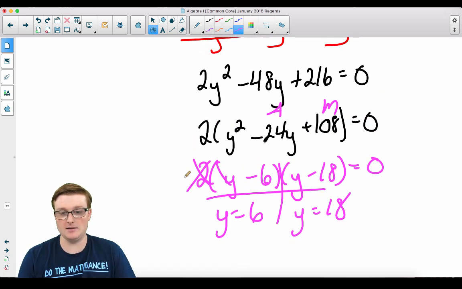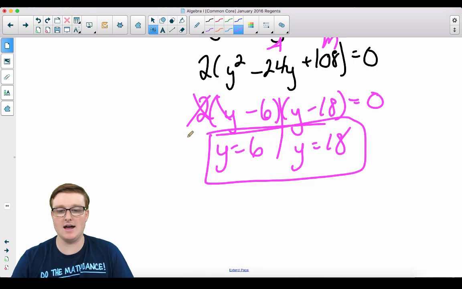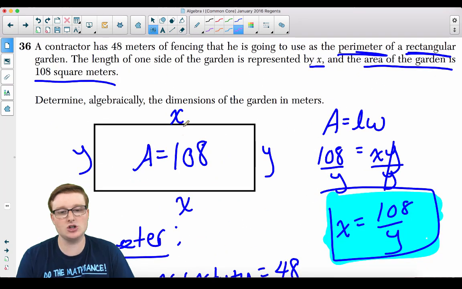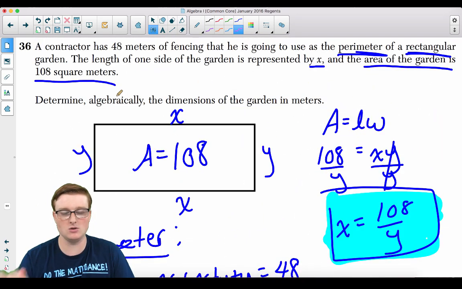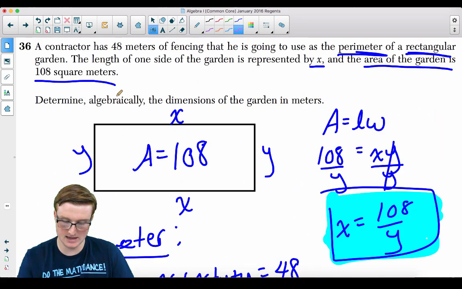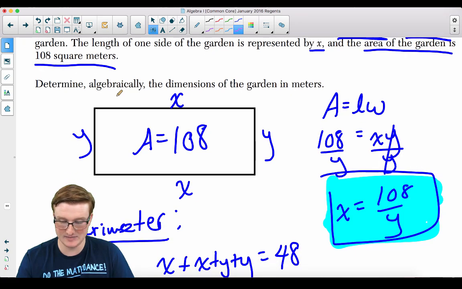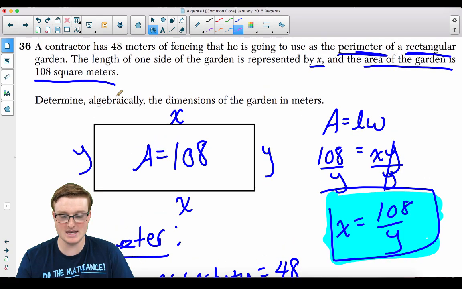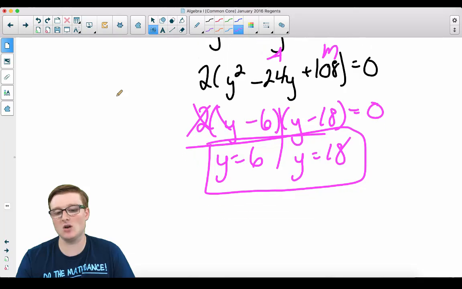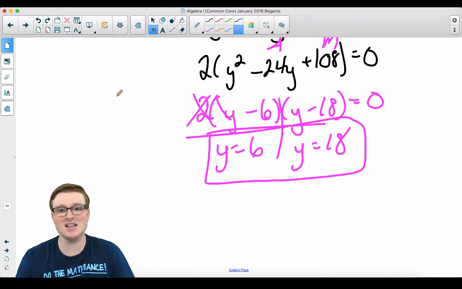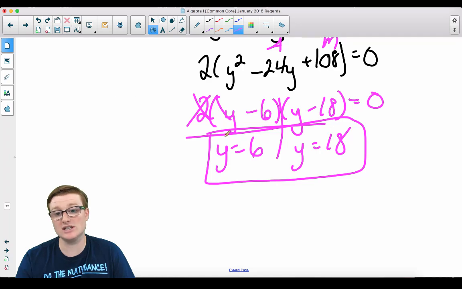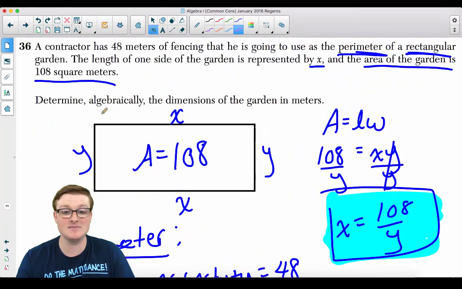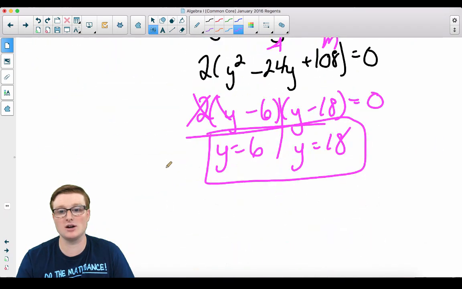Now, we just got our y values. It's saying here, determine algebraically the dimensions of the garden in meters. Well, your y value can be 18 and 6. But the problem with this, ladies and gentlemen, is, are those your dimensions? Yes, they are. Because one of those values, like 18, is actually a dimension of the garden as well.